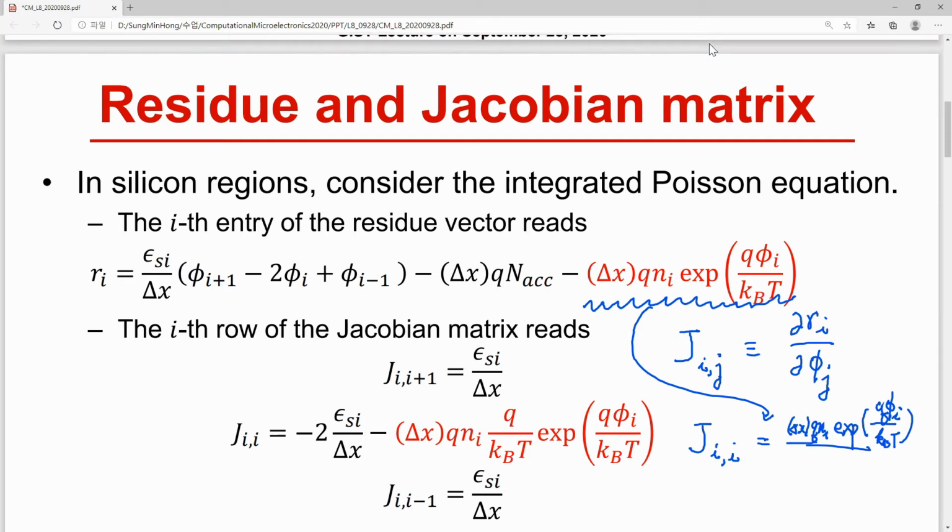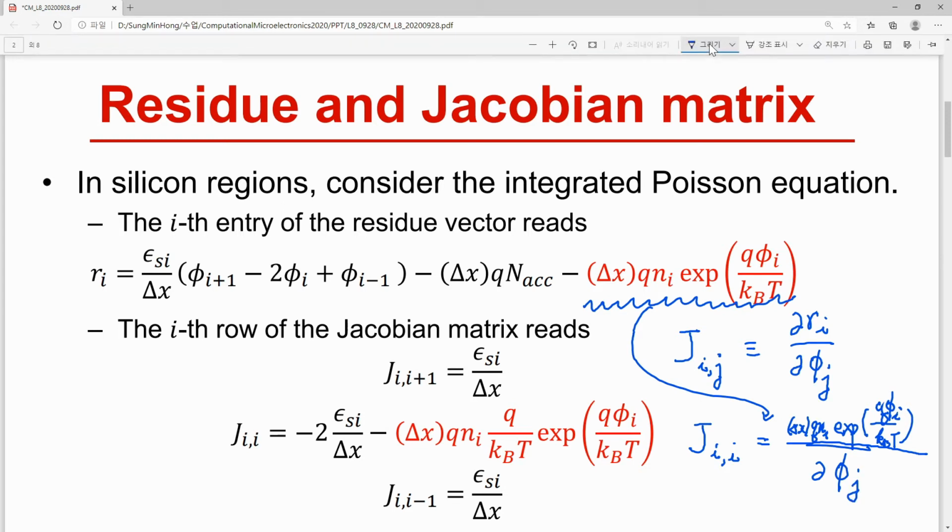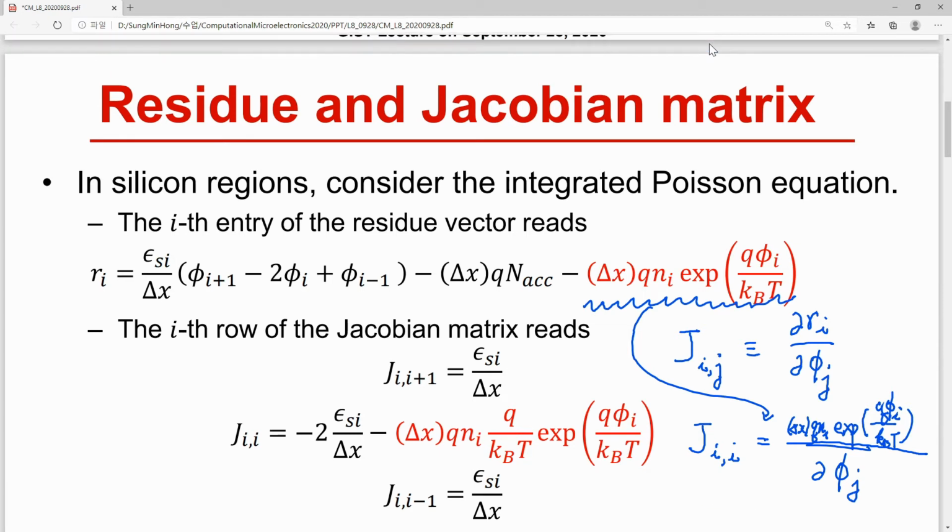So when we take the partial derivative with respect to j, if i and j are not the same, then it will give us just the number 0. We will have the non-zero contribution from the electron density term only when j equals i.